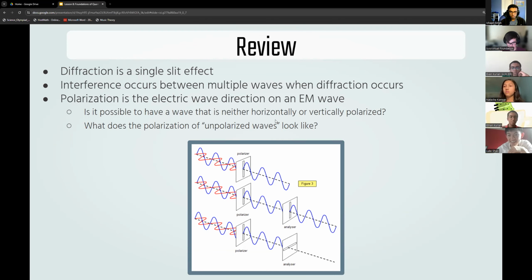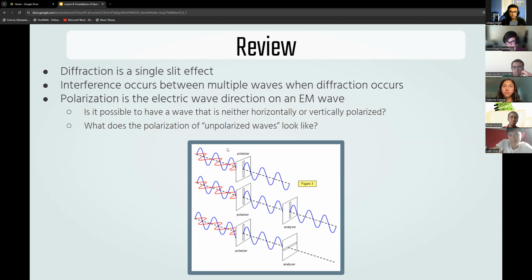Circularly polarized is one of them. That's when your horizontal and vertical polarization is desynced.